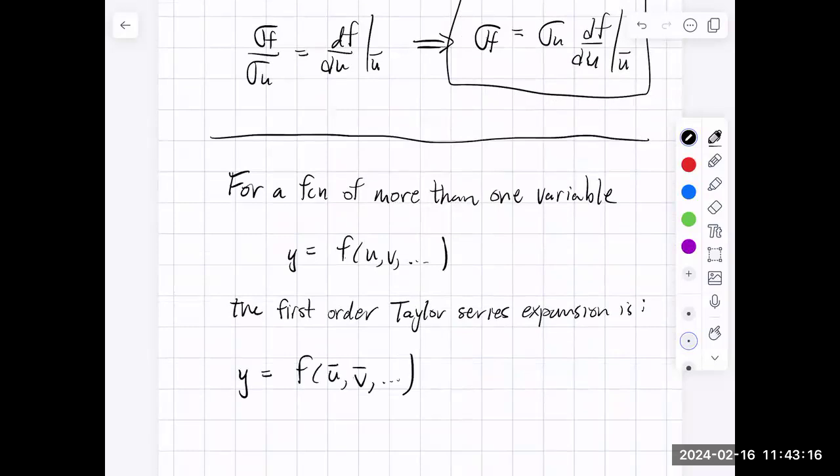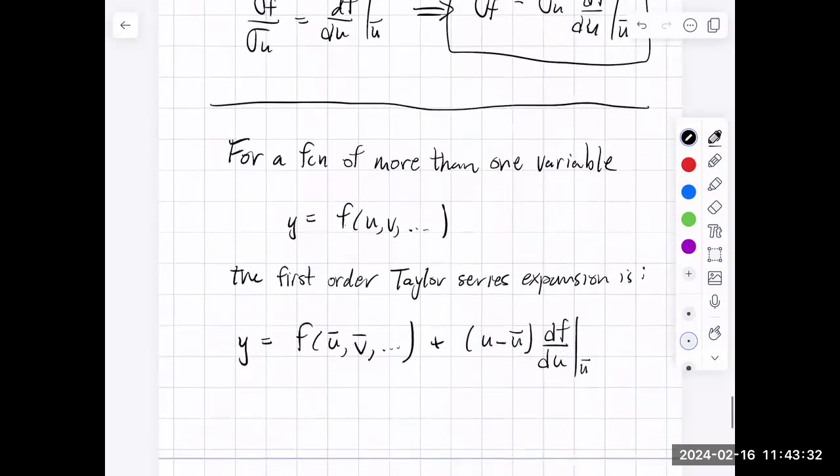To make a first order approximation, we're going to keep some more terms here. So we're going to have, just like we had before, u minus u bar times df du evaluated at u bar. But now we have to include plus v minus v bar df. Oh, I should use partial derivatives, shouldn't I?